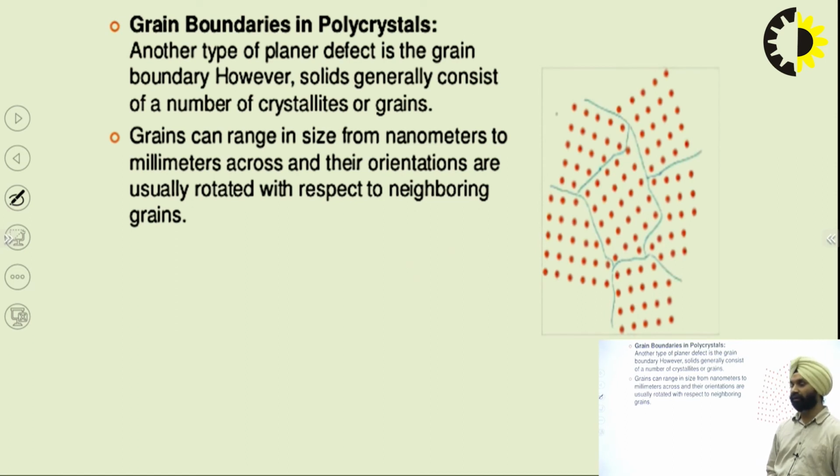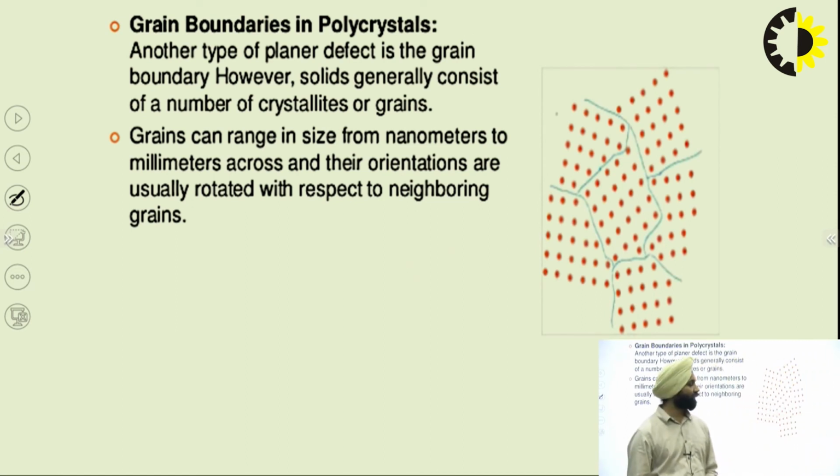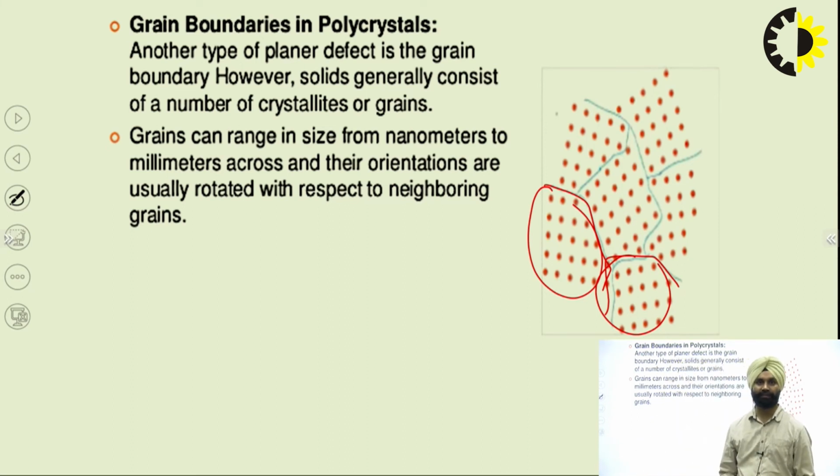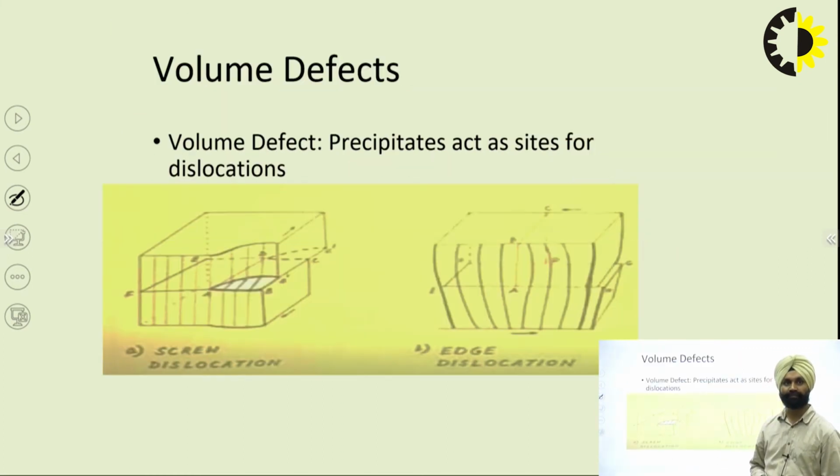Second is the grain boundary, where you can see the different parts have different grains forming the structure. In this part, the orientation is the same. In this part, the orientation is the same. So this will give different orientations in the structure. But the range of these structures is very small.